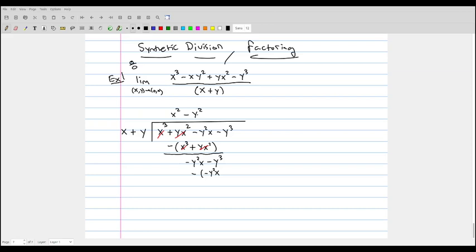And then also what's nice is that I get negative y squared times y is negative y cubed. So when I subtract this out, these two terms cancel out and these two terms cancel out, which actually gives us a remainder of 0.